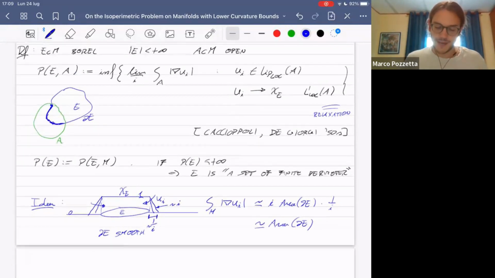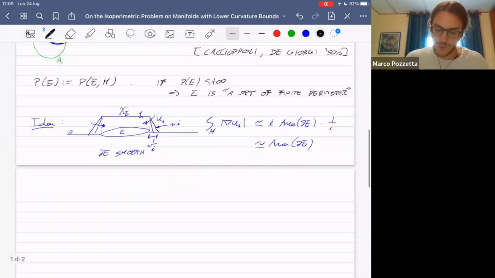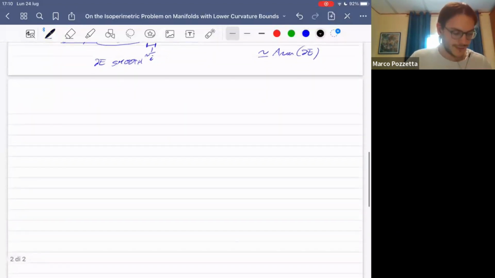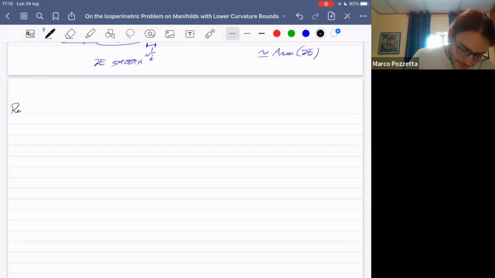And this turns out to be a very useful definition for this functional, as it is lower semi-continuous already by definition. So this is the definition done by relaxation, and we think of it as a generalization of the n-1 dimensional measure of the boundary of a set. Now, a few remarks about this definition.